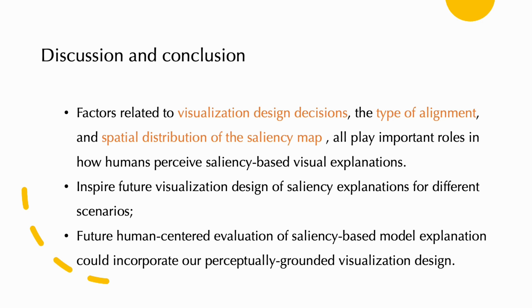For machine learning researchers, our perception model may encourage saliency-based explanations that are more human-centered. Future study of human-centered evaluation of saliency-based explanations should also incorporate more perceptually grounded visualization designs in order to better understand the influence of visualization design in the explanation-based model evaluation.